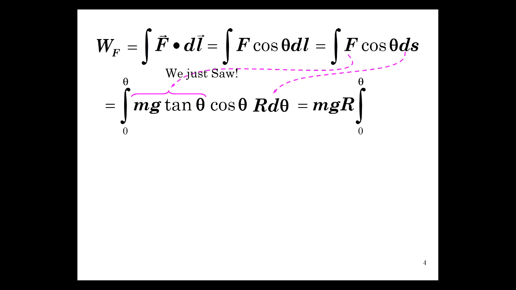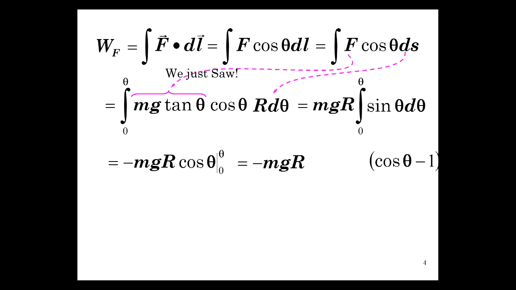Now let's simplify that. We can bring out the constants mgr. Integral from 0 to theta, those are the limits, with our differential d theta. We're going to evaluate this from 0 to the angle in question that the swing travels through. Tangent, sine over cosine. Cosine goes away, you end up with sine. The integral of sine is minus cosine.